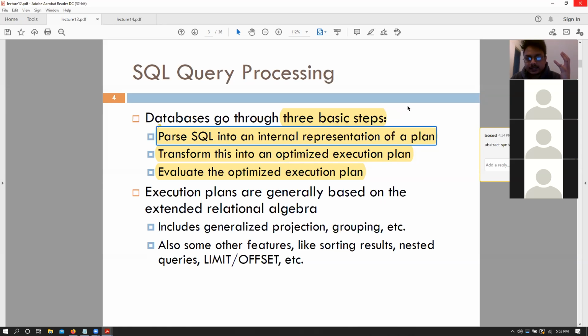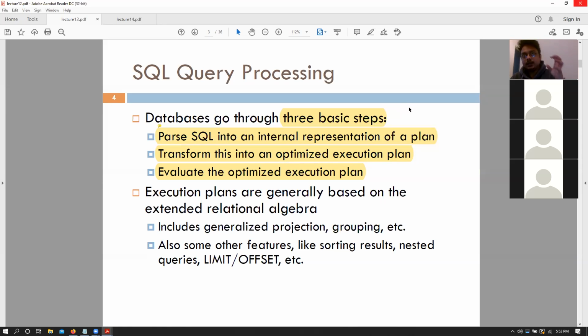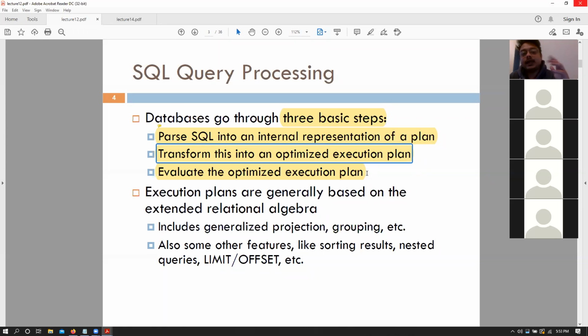So essentially it takes the query, builds a tree of those relational algebraic nodes, has that representation, and then transforms it into an optimized execution plan, so that I can transform this mathematical operation into a more optimized plan. And then I evaluate the optimized execution plan.